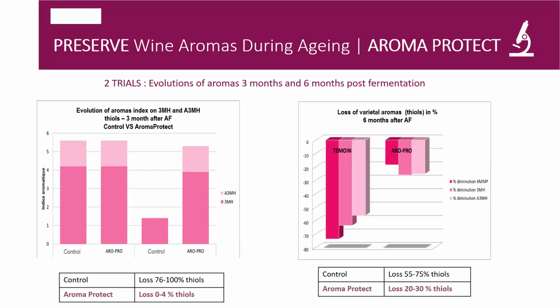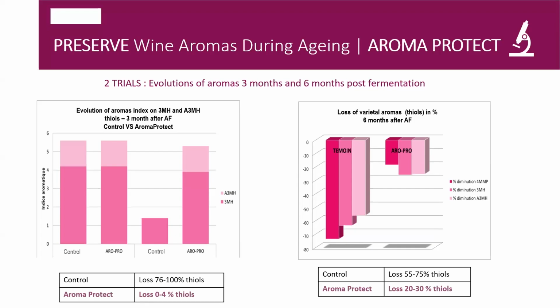And then the second trial was after 6 months. It's a different trial, with one wine, the control, versus the wine treated with Aromaprotect. And then 6 months after, in tank, we analyzed the 4MMP, 3MH, and A3MH, so all the different thiols.